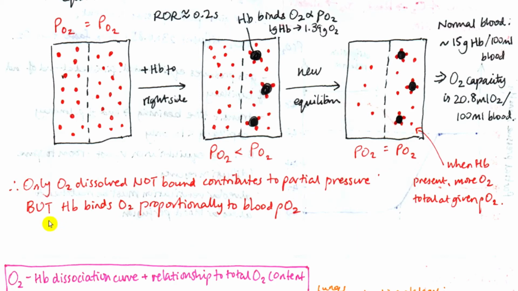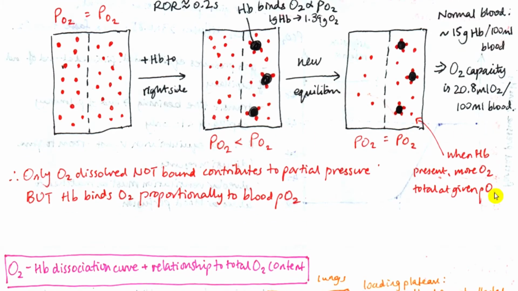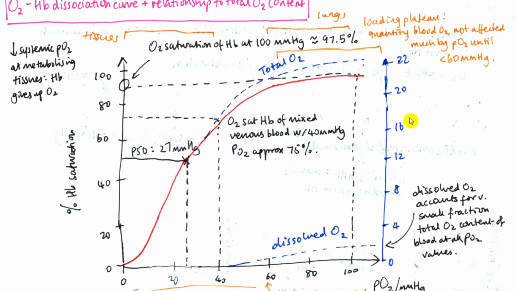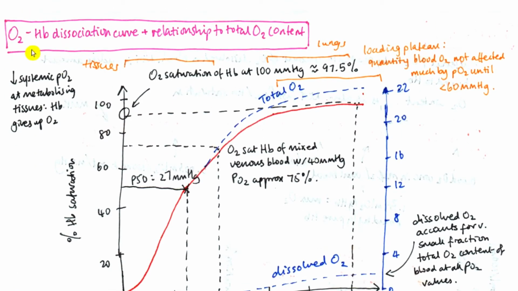But hemoglobin binds oxygen proportionally to the blood partial pressure of oxygen. So when hemoglobin is present, there's more oxygen total, so the concentration of oxygen is greater at a given partial pressure. Now this has implications for the oxygen hemoglobin dissociation curve and its relationship to the total oxygen content.